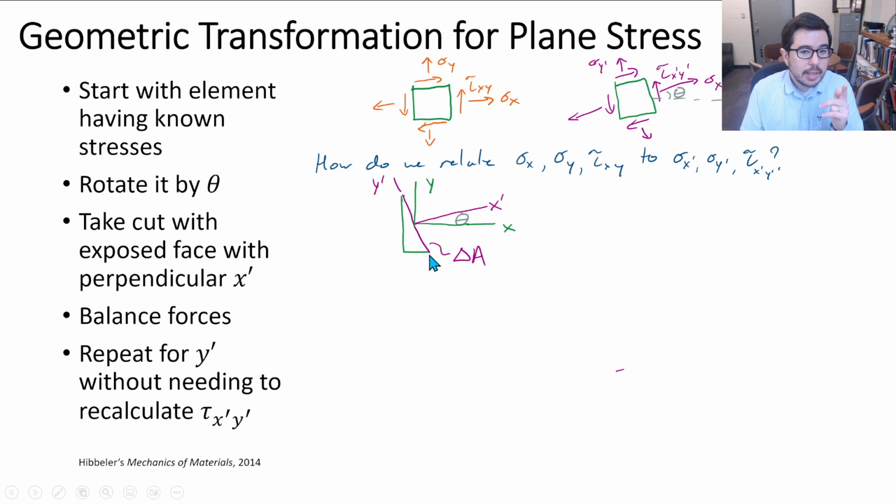So it's a small element, and we say this face is going to be what we call a small delta A. But notice, this face is the hypotenuse of this triangle, so that this face and this face are going to be smaller, and they're going to be related by trigonometric relationships.